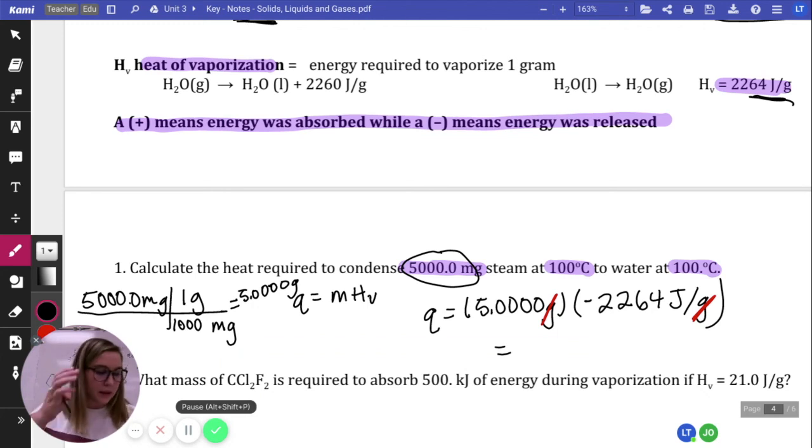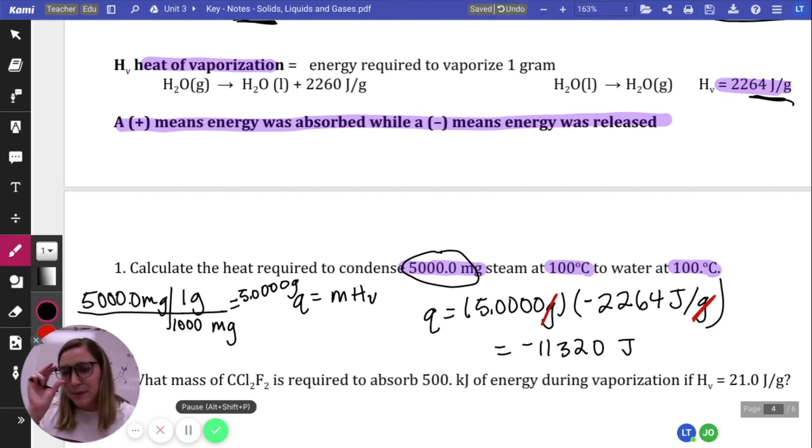When I plugged it in, I got negative 11,320 joules. I need to have 5 sig figs because my mass has 5 sig figs. So I just need to add a decimal at the end. So negative 11,320. joules of energy is going to be released whenever we condense that gas to water.